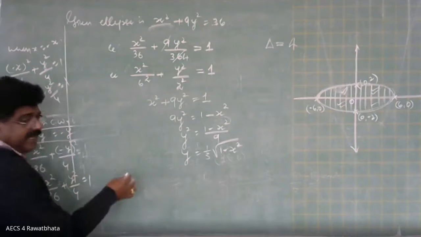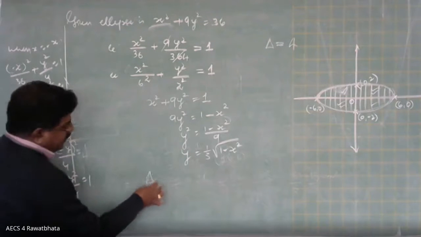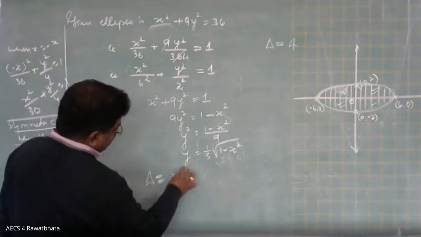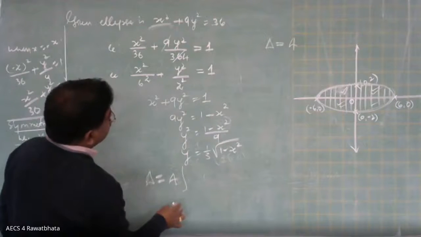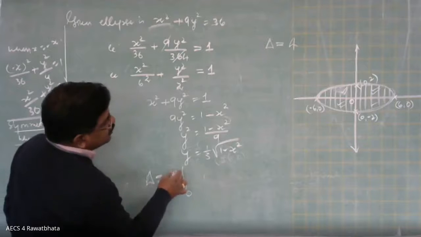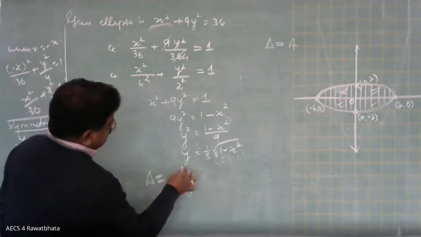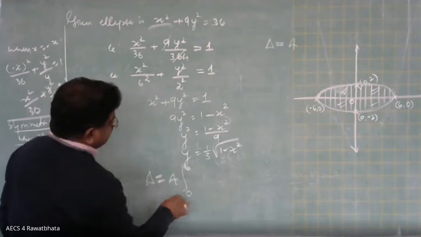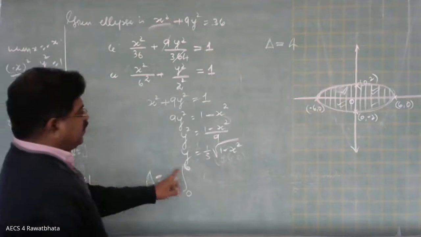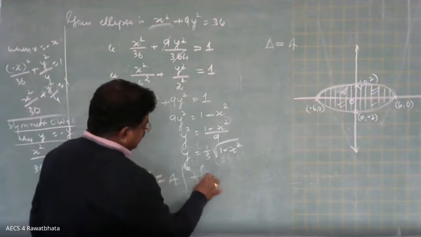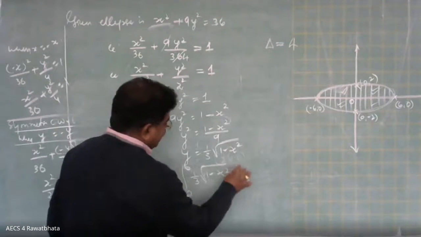So your required area is equal to 4 times the integration from 0 to 6 of 1 by 3 root of 1 minus x squared dx.